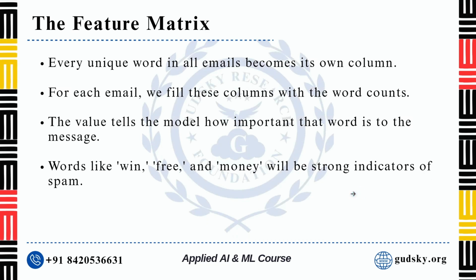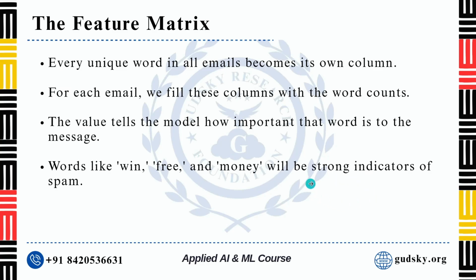Step 2, the feature matrix. Now we organize those numbers into a feature matrix. Imagine a giant spreadsheet. Every single unique word from all your emails becomes a column header. Then for each email, the cell shows the count of how many times the word appeared.